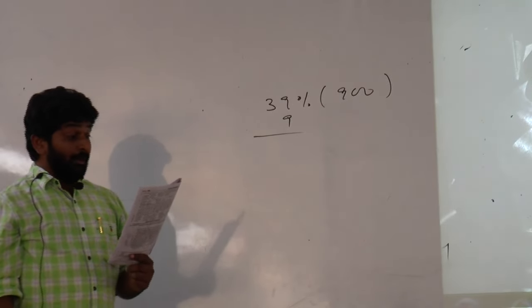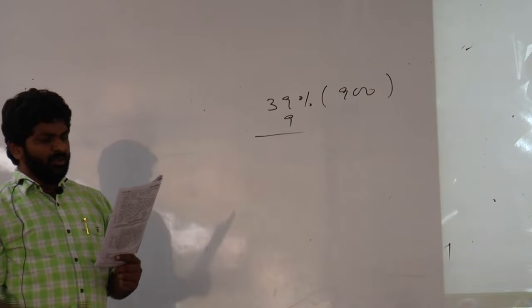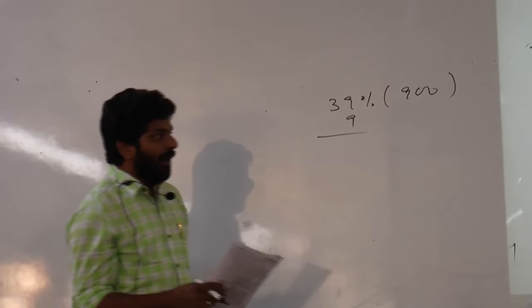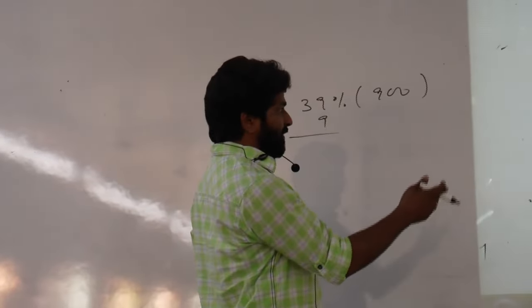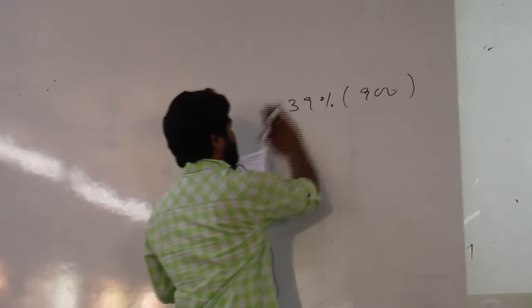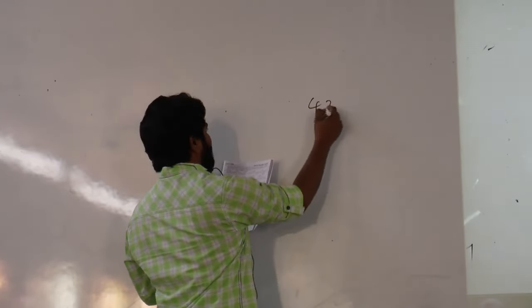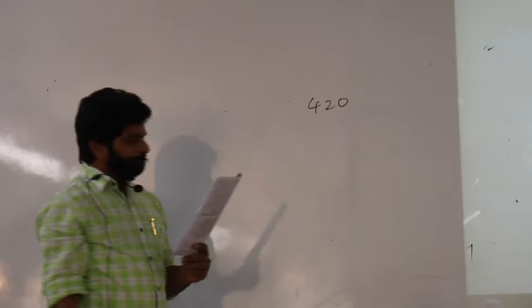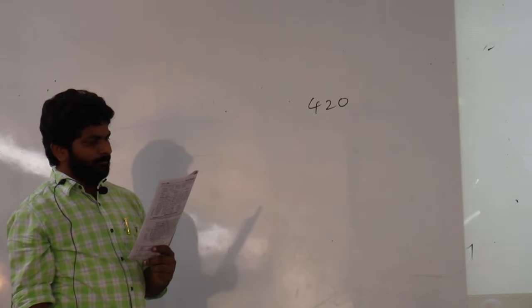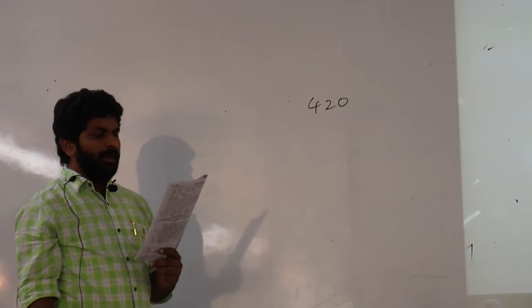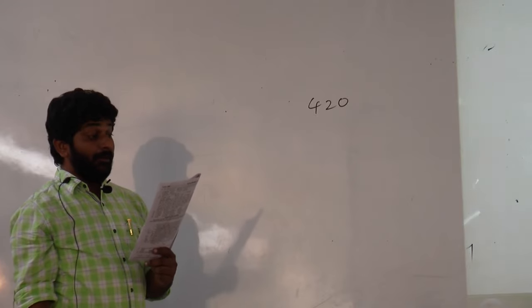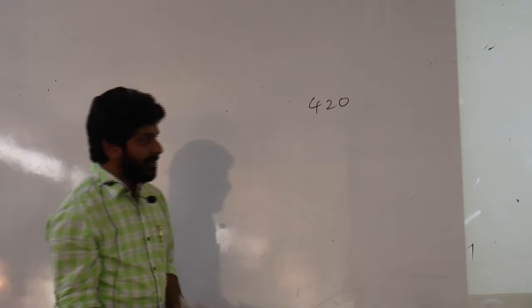34. Number of pendants sold by store R in June. What is it? 420. 420 is what percent of the number of pendants sold by store S in March?